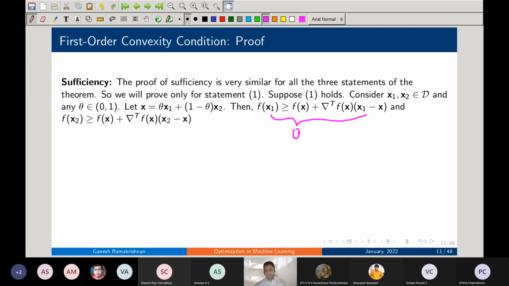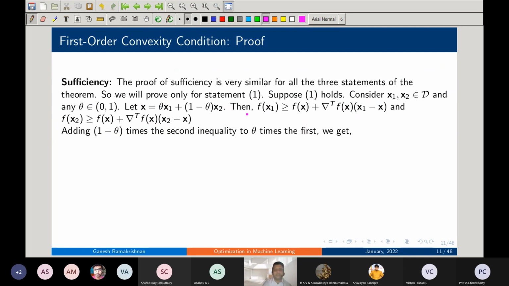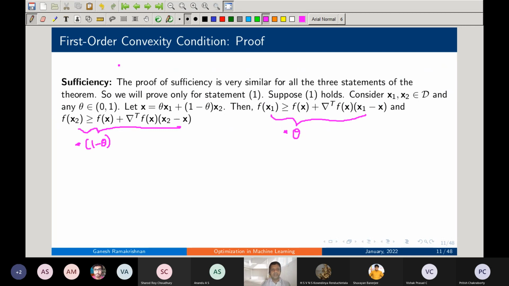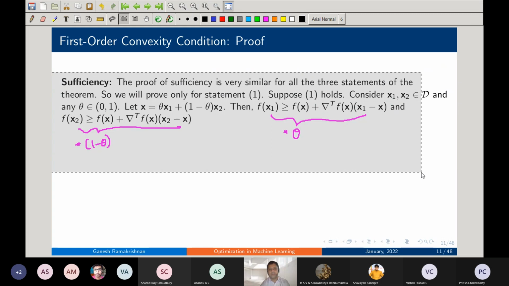Typically you would have theta for the first one, theta times x1 and 1 minus theta times x2. So that's what x is, right? I would just take theta times the first and 1 minus theta times the second and add them. Then what will happen? What do we get? Let me copy this and then quickly we'll be able to see what gets cancelled out.